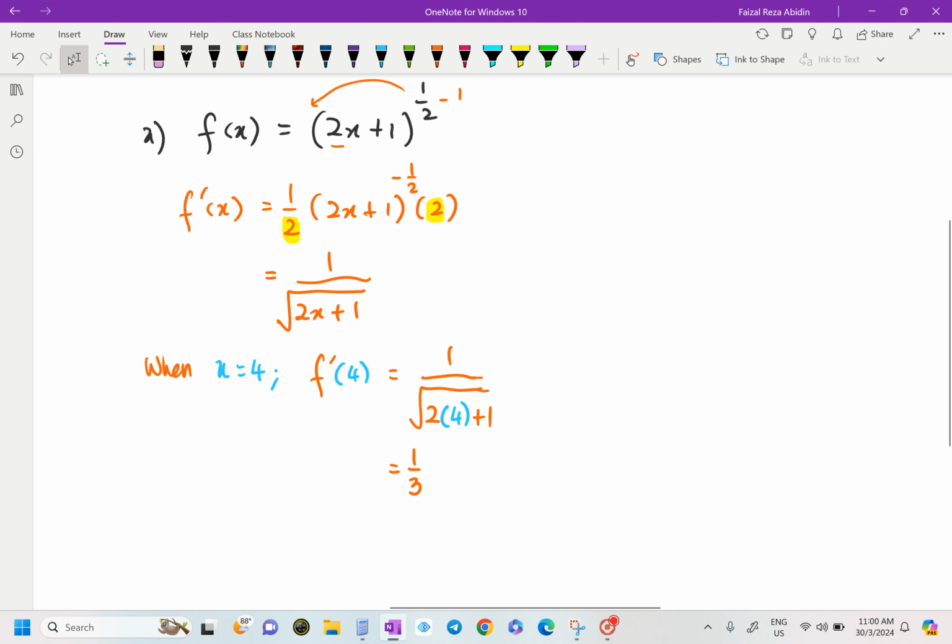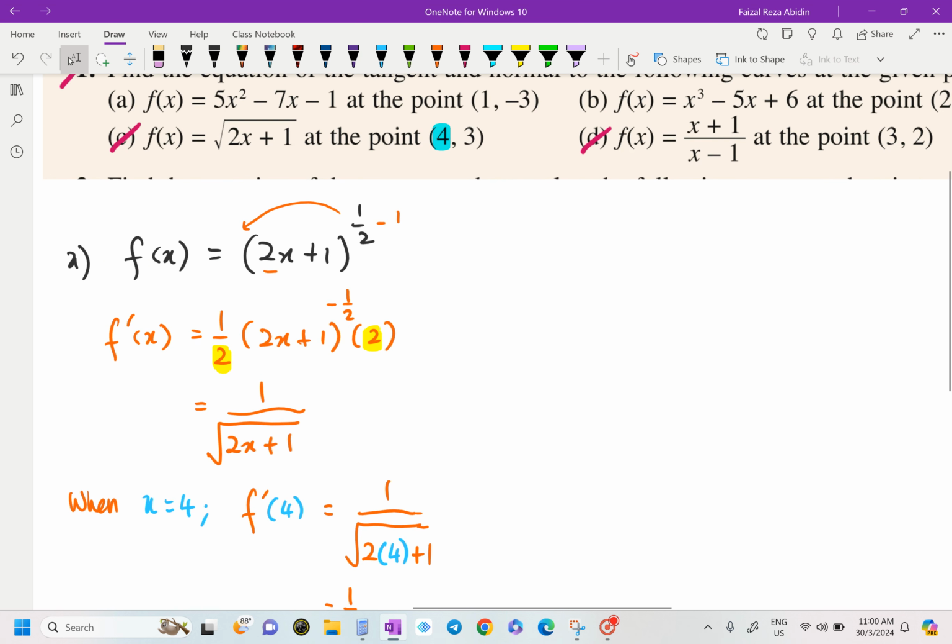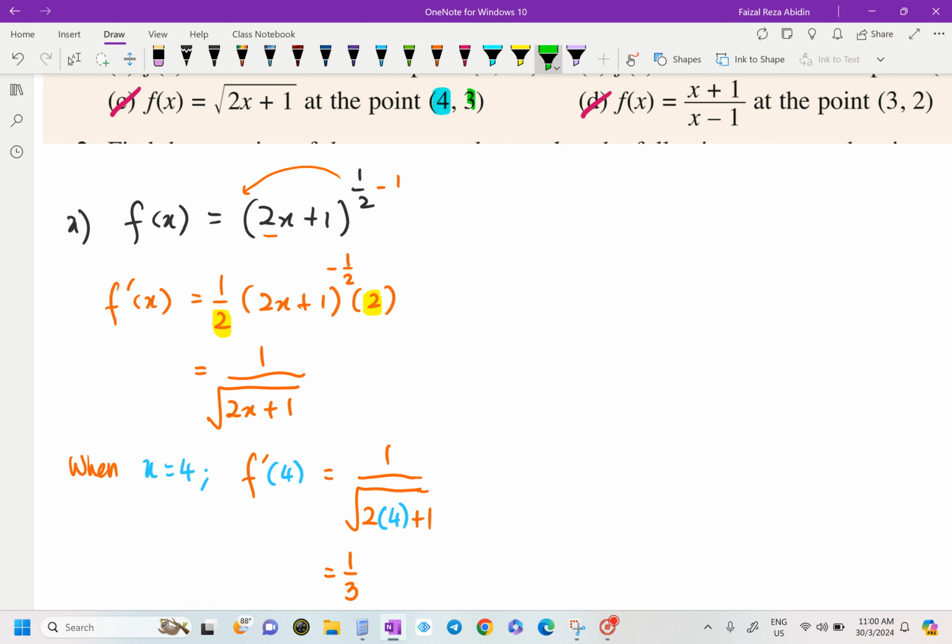So if I want to find my equation of tangent using the formula, what is the formula? y minus y1, am I right? You have the value of y over here as 3, from our coordinate there.